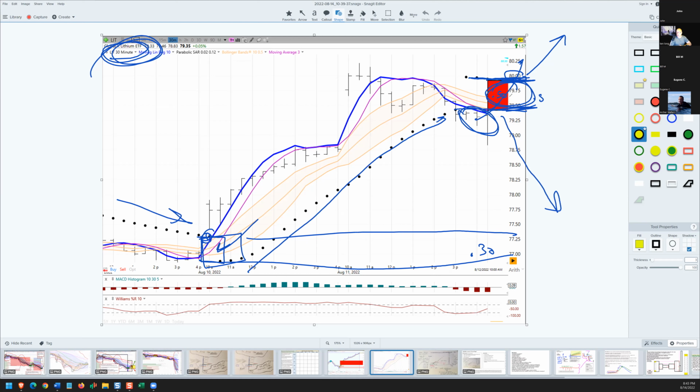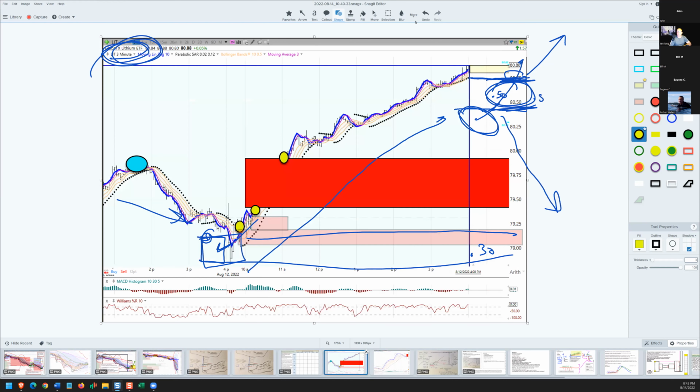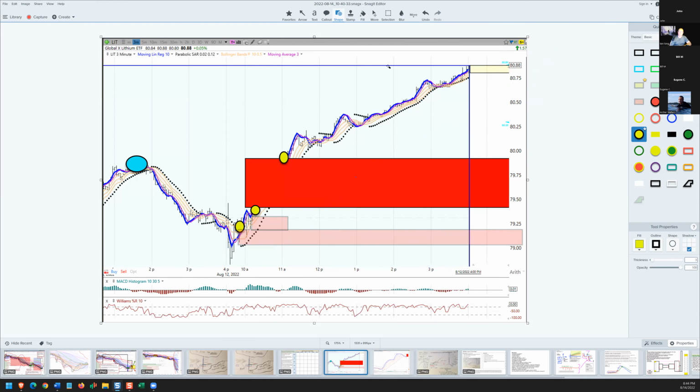So if you know where that is on the 30-minute, and then you zoom down to the 3-minute, it turns out that this red box here is that same 50-cent risk box that you saw on the 30-minute. And I want you to know that the price level that suggested the upward trend was possible happens at that key level, which is also the peak of the RL10 over here because of math.